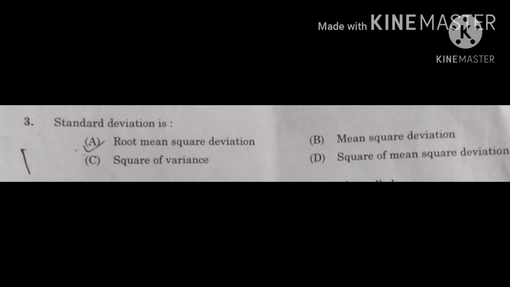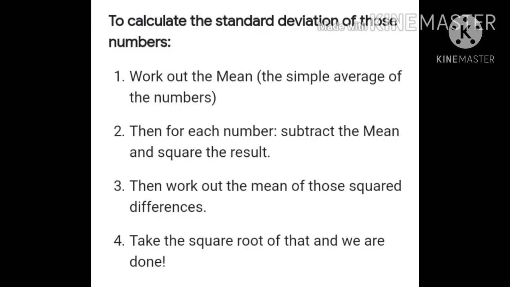The standard deviation is, and the options are root mean square deviation, mean square deviation, square of variance, square of mean square deviation. To find out the standard deviation, at first you have to work out the mean, that is the simple average of those numbers given. Then subtract the mean and square the result.